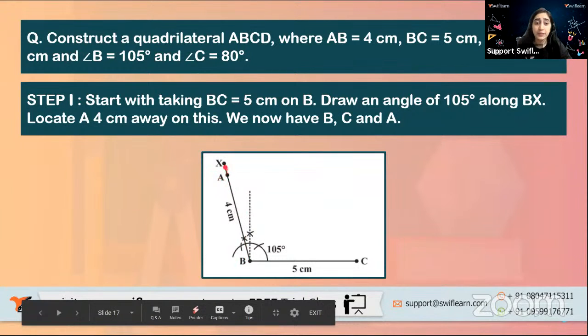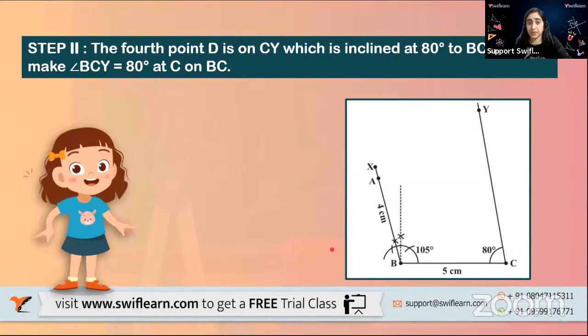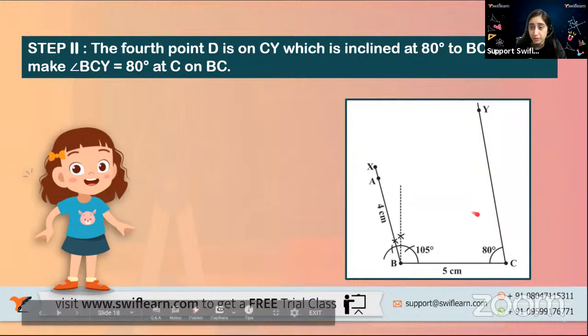Okay. Now, I know the angle C also. The angle C is 80 degree. But I know that it cannot be made with a compass. So for that, I will use a protractor. Okay. I'll put it at the point C and make an angle of 80 degree. Clear with this? This is easy.